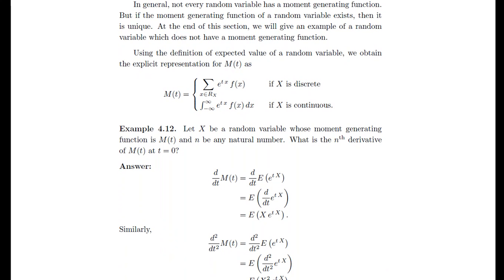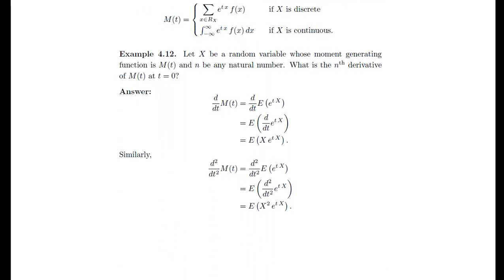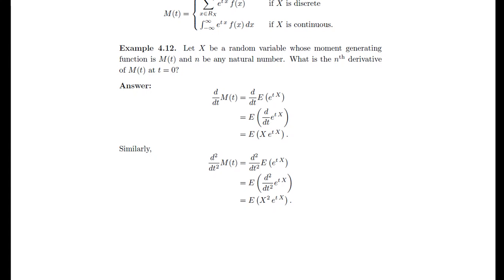The expected value of the derivative of e to the power tx is equal to the expected value of x times e to the power tx. Similarly, the second derivative of the moment generating function is equal to the expected value of the second derivative of e to the power tx, which is equal to the expected value of x squared times e to the power tx.